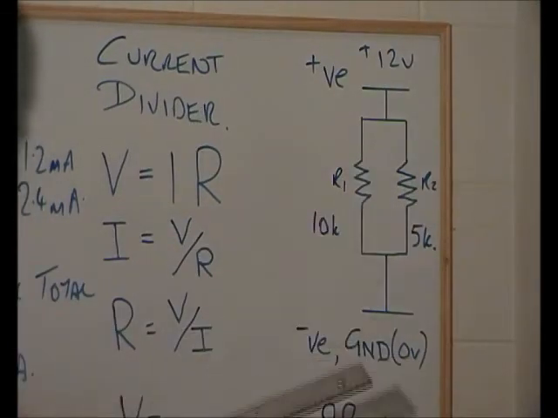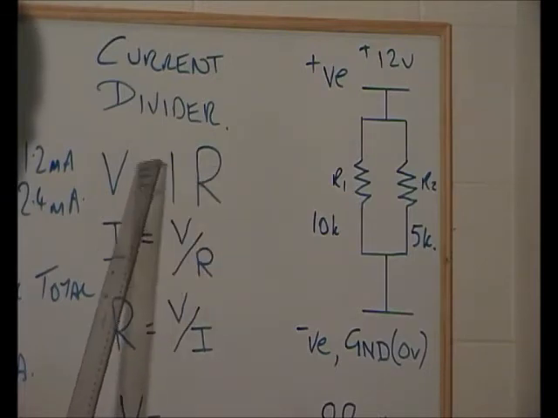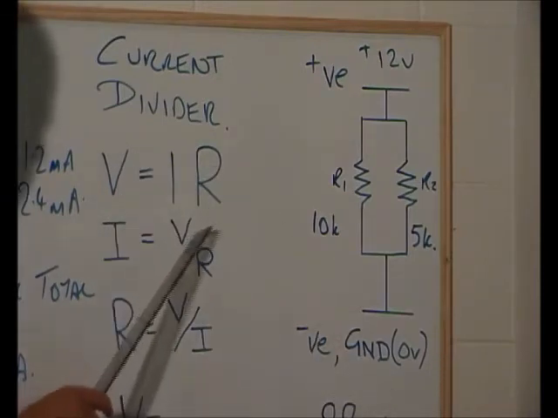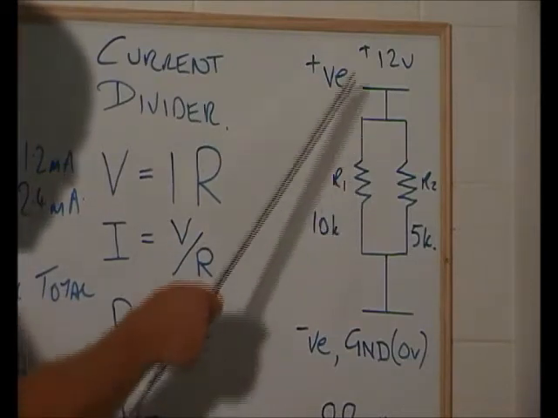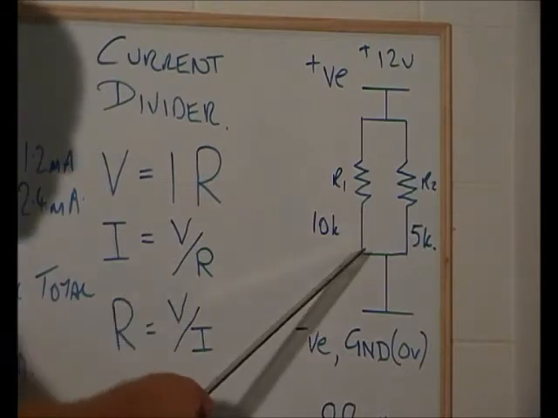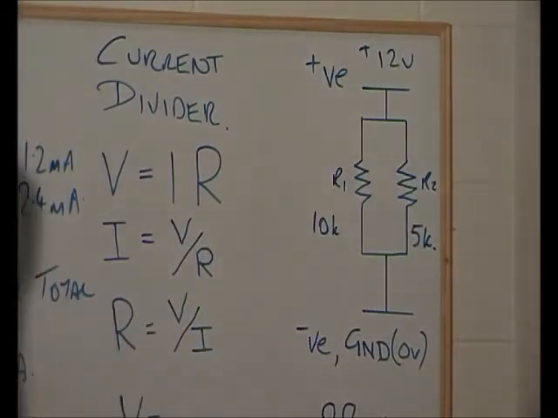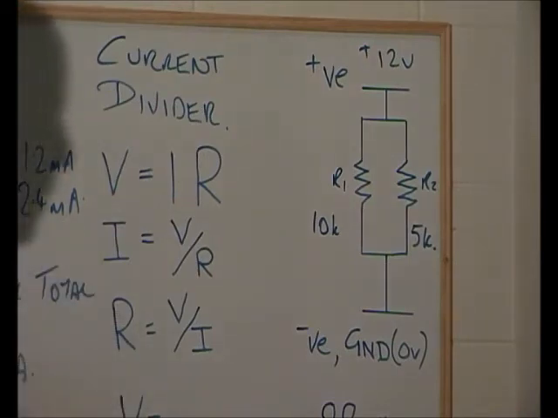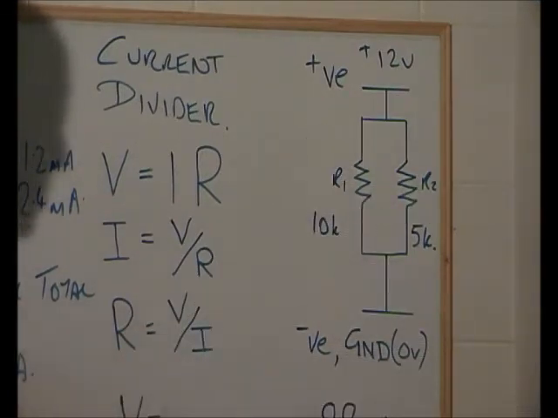So if you were to use our Ohm's law again, V over R, you would get 44 microamps flowing up through there and 44 microamps flowing up through there. So what do you think happens when we alter, vary the value of these resistors? Let's make this one, say, 10k or 10,000 ohms.